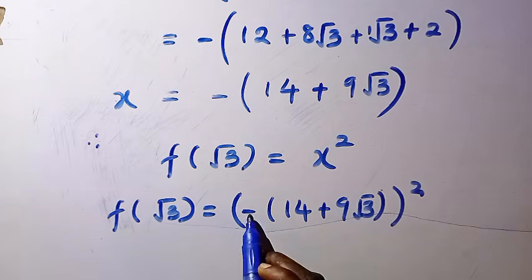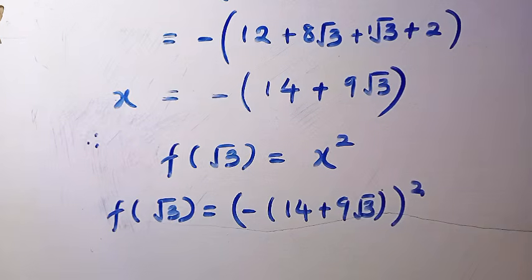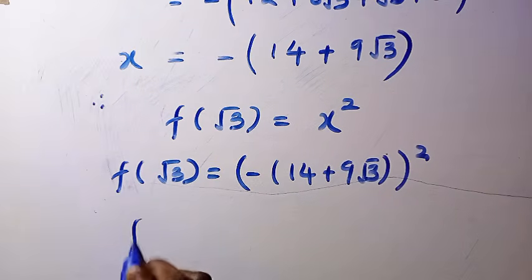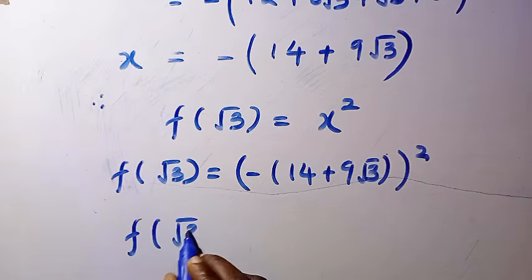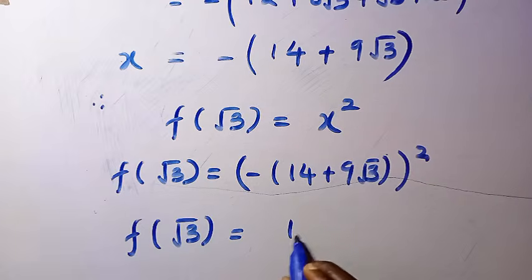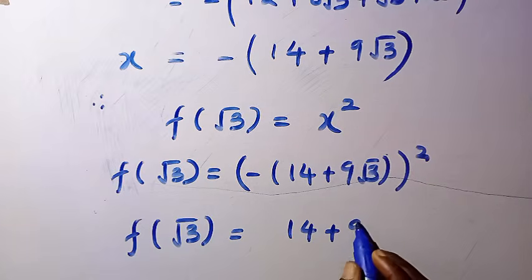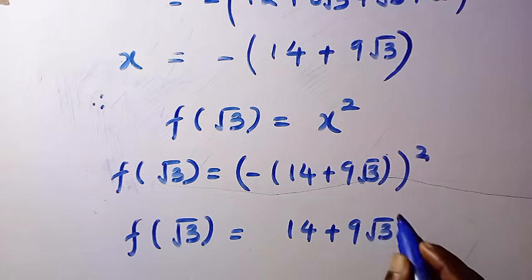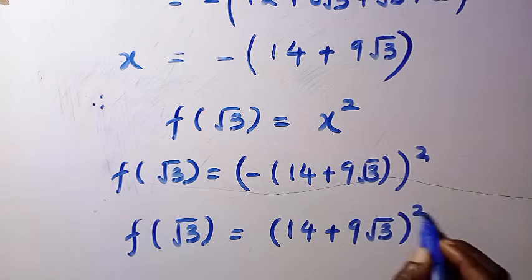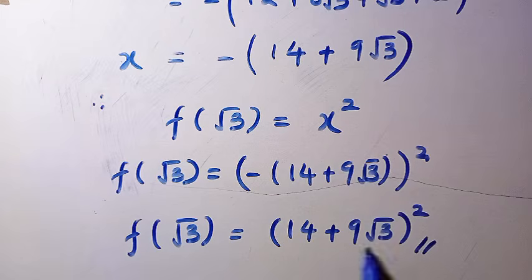With this square, the negative becomes positive. So f of root 3 equals 14 plus 9 root 3, then all raised to the power of 2. If you like, we can leave the answer in this form, or let's try to expand this.